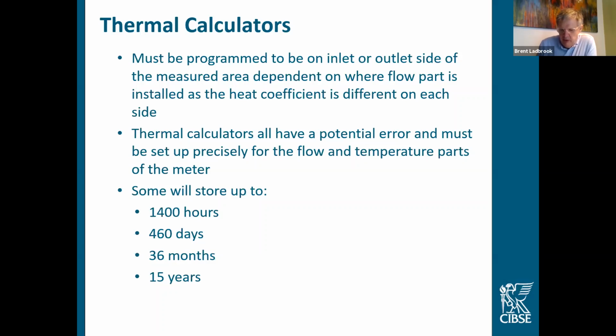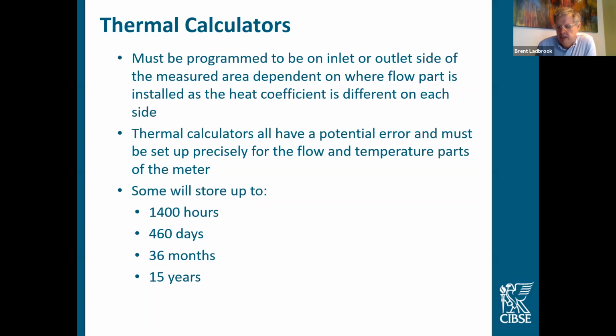So if you told the flow calculator, the thermal energy meter, that the flow sensor was on the return side, and many of them are pre-programmed and cannot be changed from the return side, and then the mechanical people could only put it on the supply side, then you have the wrong K factor for that temperature.